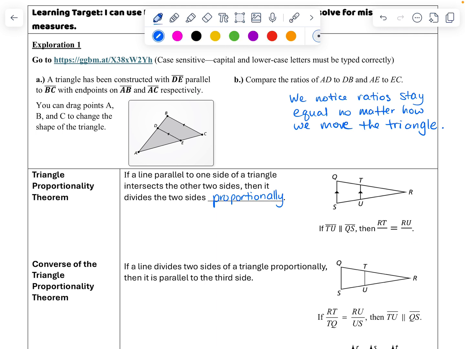What are those somethings? Well, RT is going to go with TQ, okay? And RU is proportional with US, okay?